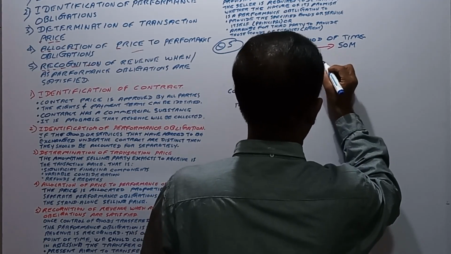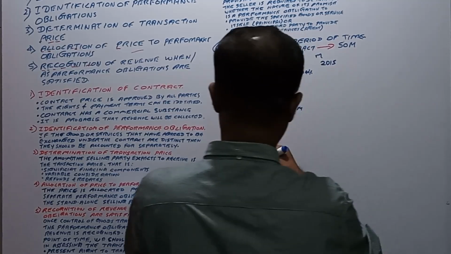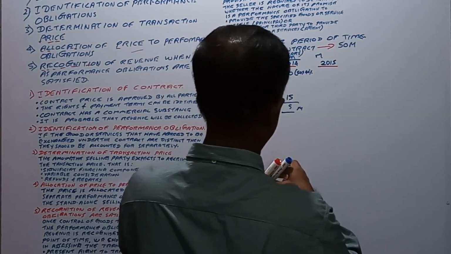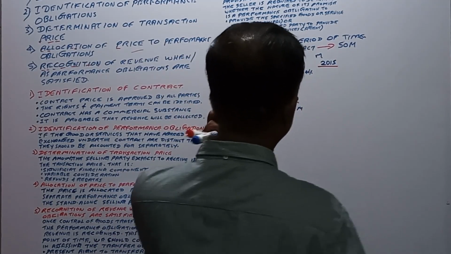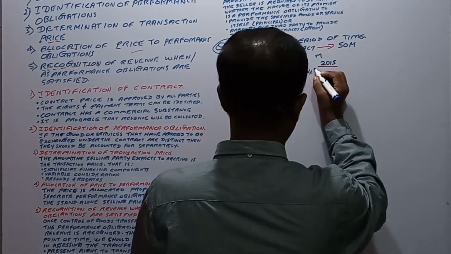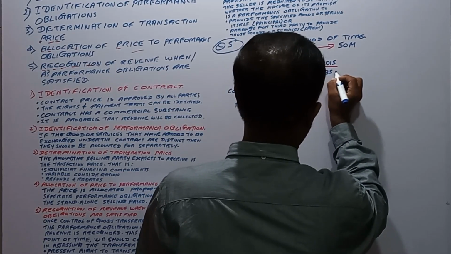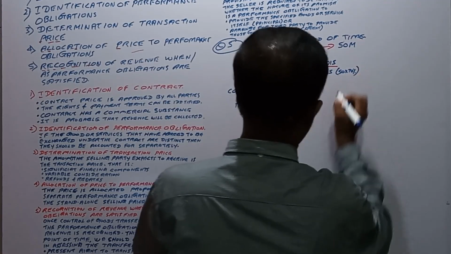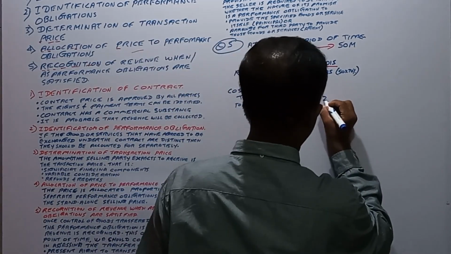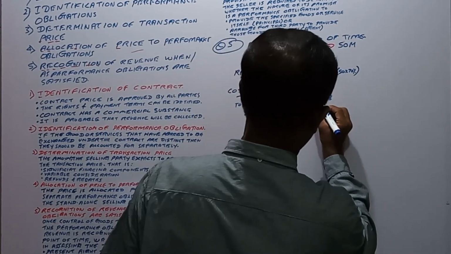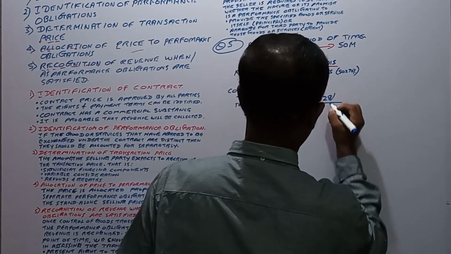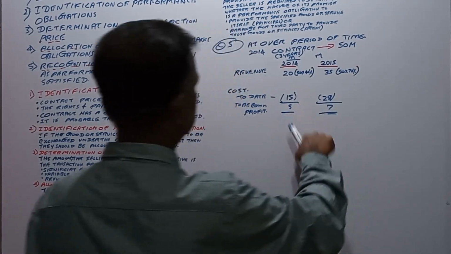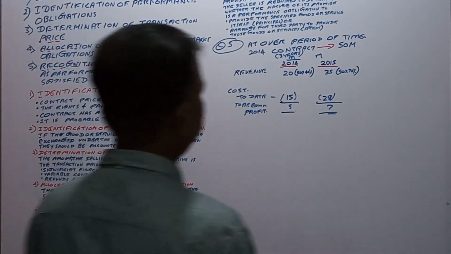Next one is 2015: 70% is 35 million, that is 50 into 70 percent, right? 35 million. Cost is 28 million, then 7 is the profit.